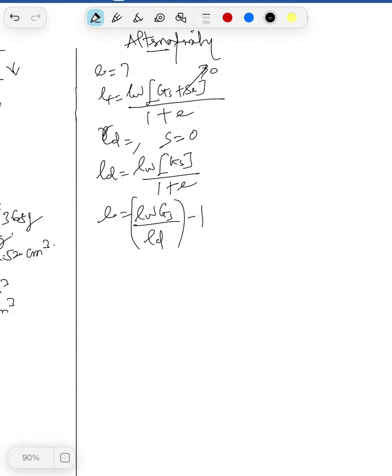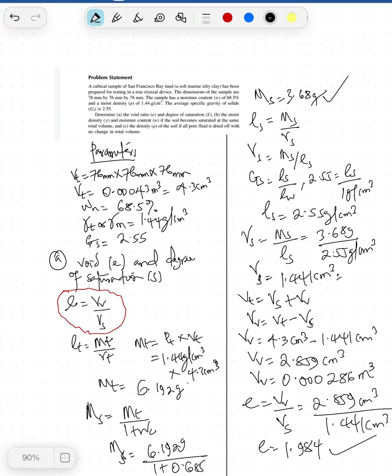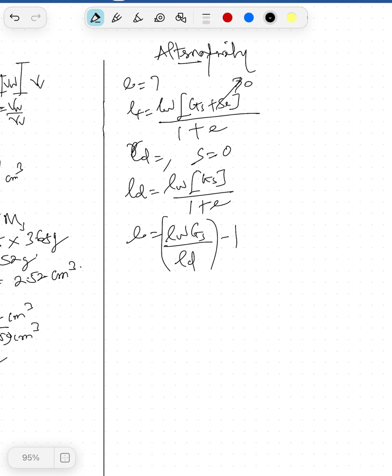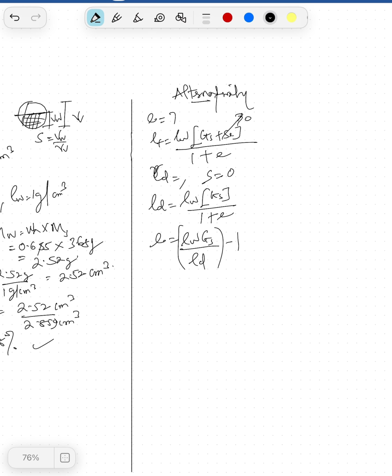So for us to obtain our void ratio, we know the specific gravity, right? Specific gravity is given in the question to be 2.55. So we need the dry density, which equals total density over 1 plus water content.